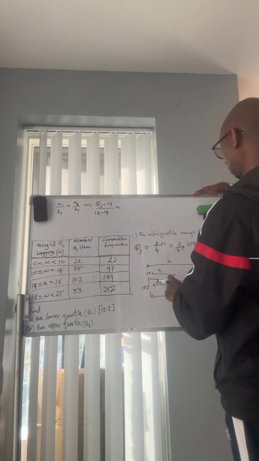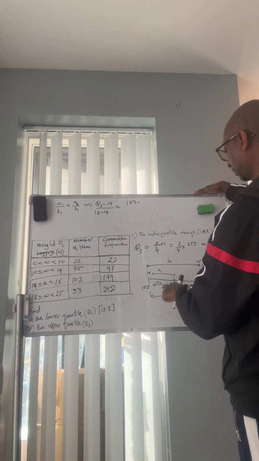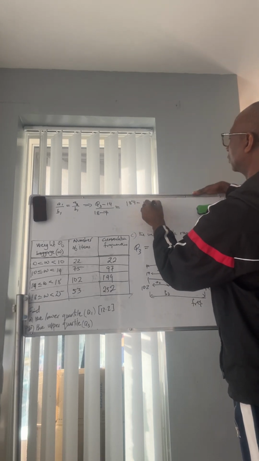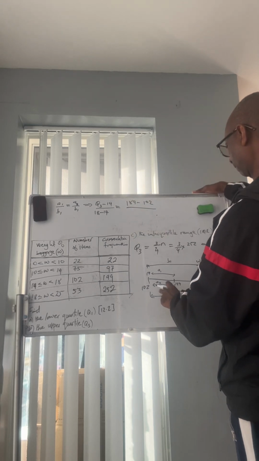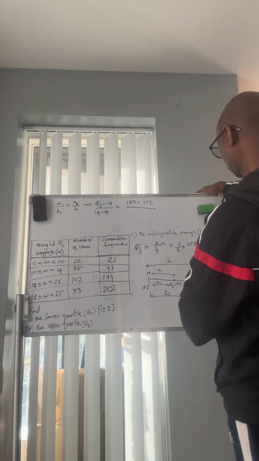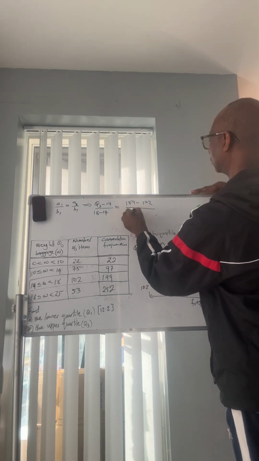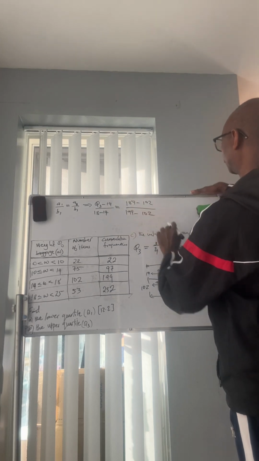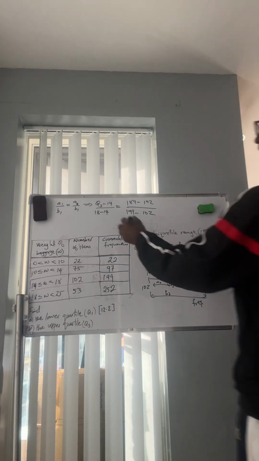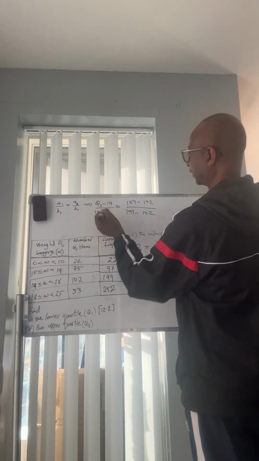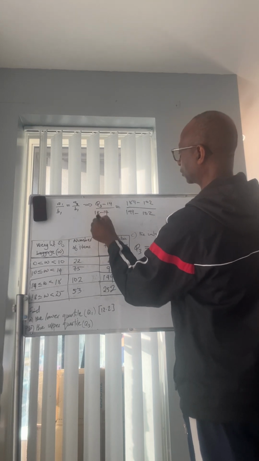A2 is 189 minus 102, all over 199 minus 102. So this is what you have. Now we simplify. This is Q3 minus 14 all over 18 minus 14, which is 4.